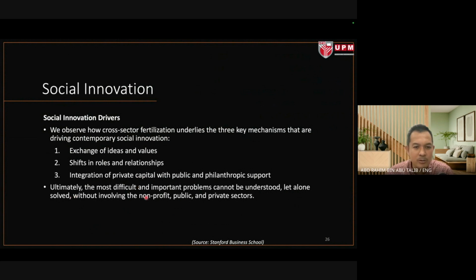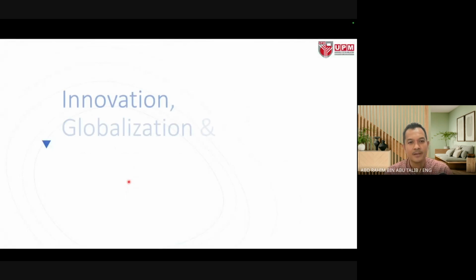Ultimately, the most difficult and important problems cannot be understood, let alone solved, without involving the non-profit, public, as well as the private sectors. Okay, it is a huge responsibility to embark on social innovation.